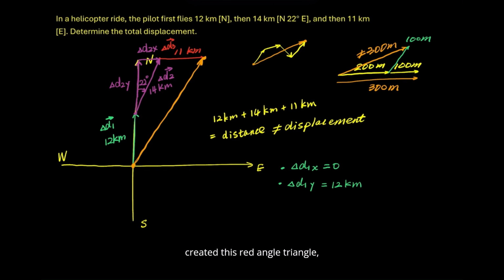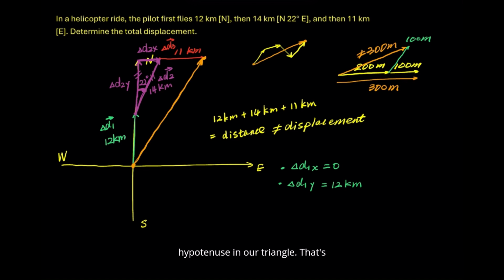Since we've created this right angle triangle, this angle here is 22 degrees. We can use basic trigonometry to find the x and y components. Let's find the y component first. We know that the cosine of an angle is equal to the adjacent side divided by the hypotenuse.